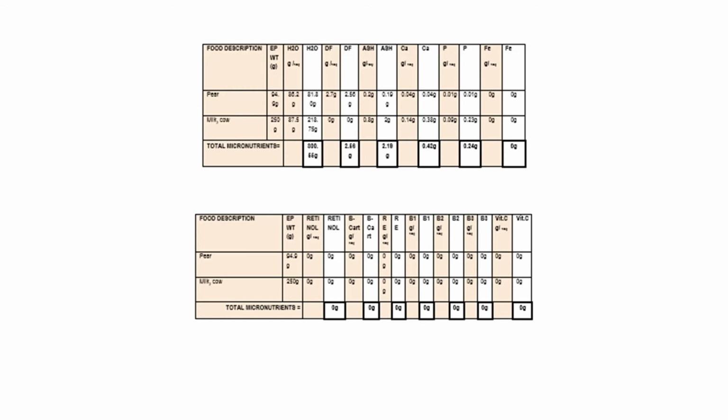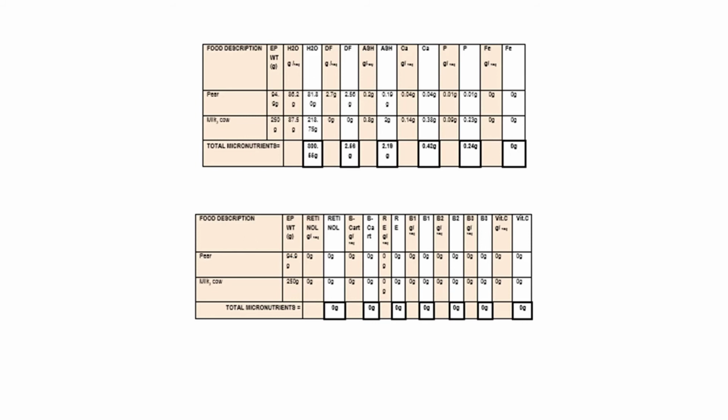The edible portion of the water in a pear is at least 81.8 grams, and for cow's milk is 218.75 grams, making a total of micronutrients of water of 300.55 grams.